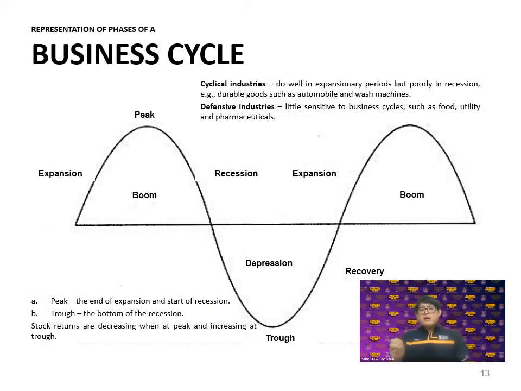When we talk about the business cycle, we refer to the fluctuation in economic activity that an economy experiences over a period of time. By looking at the business cycle, you will know whether the economy is expanding or starting to recess. So a business cycle is basically defined in terms of periods of expansion or recession.